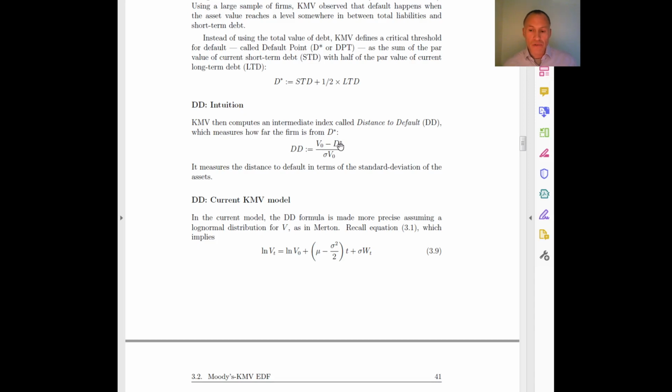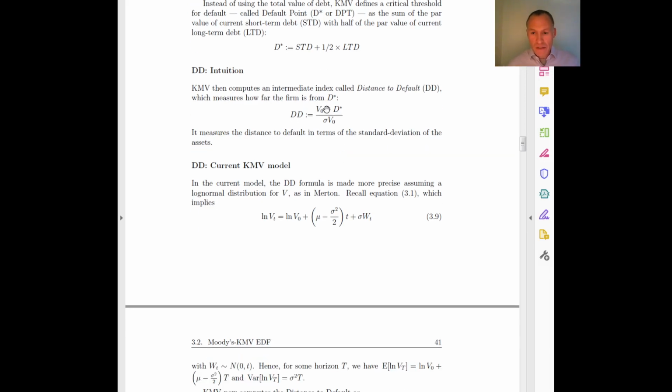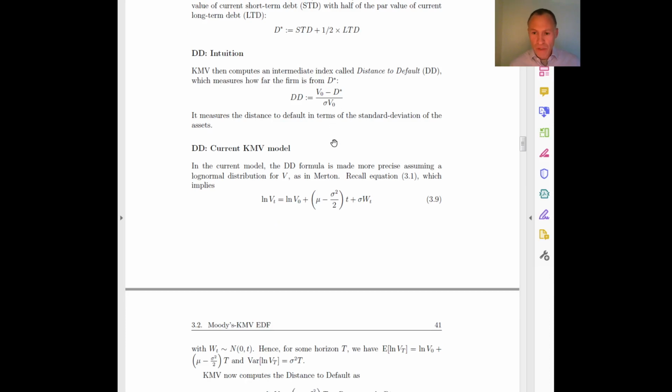And when it reaches it, presumably the firm will go to default. It's divided by this sigma v0 just to standardize the difference and to make this more comparable across firms. So this is the basic distance to default, the more intuitive version. It's actually the first version that the model used.